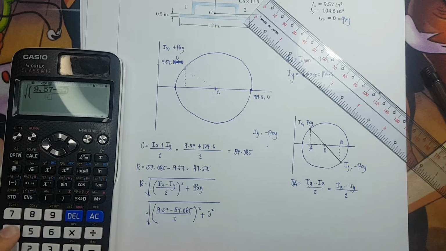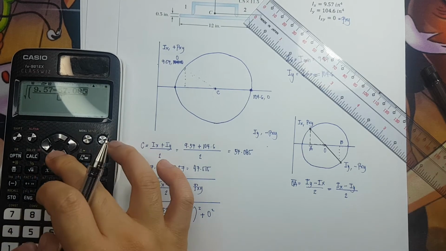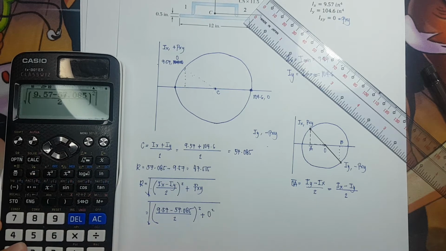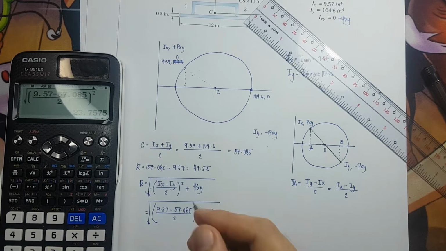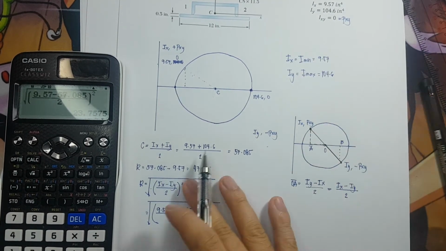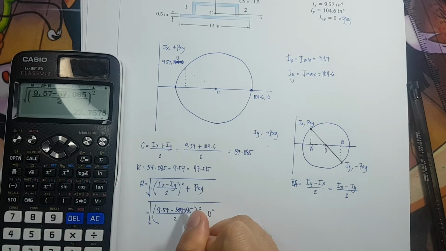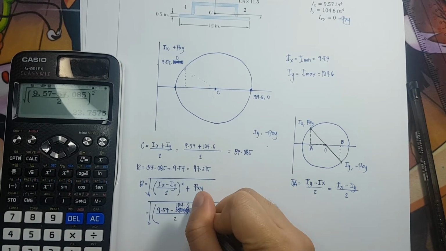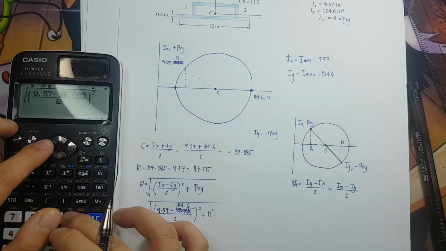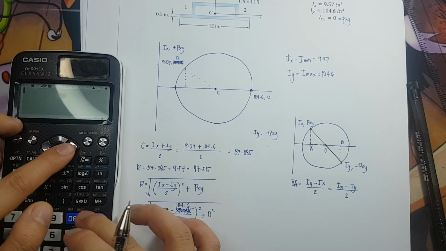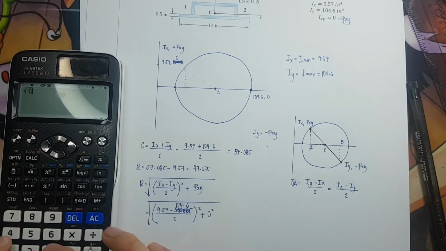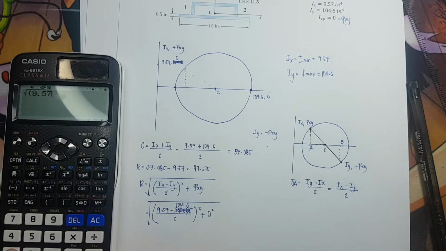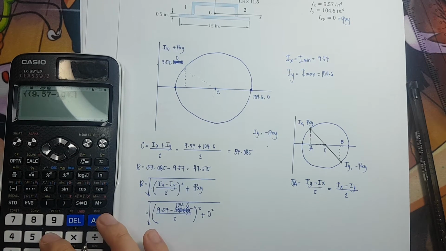Wait, it is not 57, it is 104.6. So that is the square root of 9.57 minus 104.6.